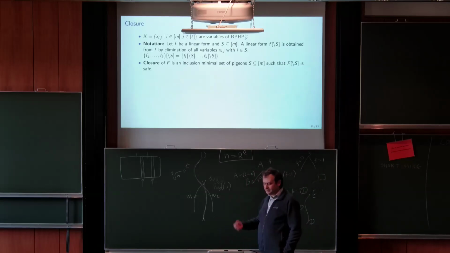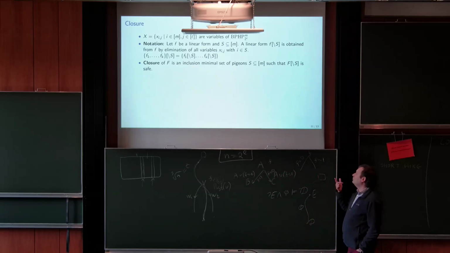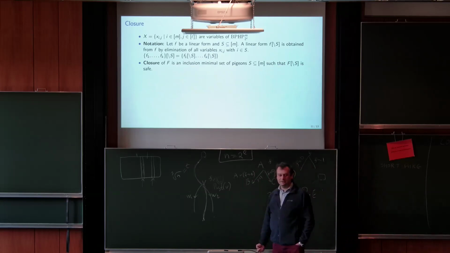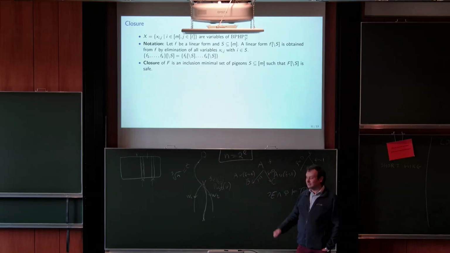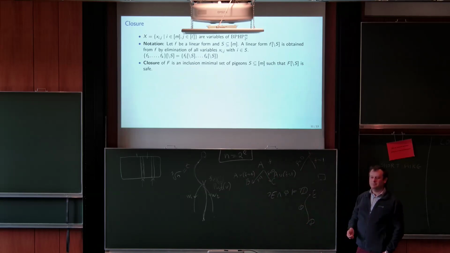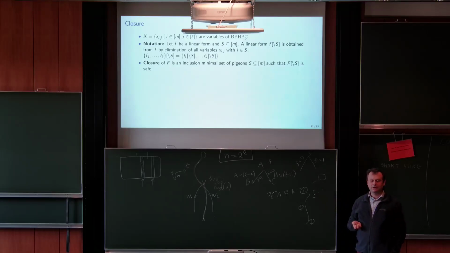And the next notion is how to find this magic set of pigeons A such that after it the matrix will be nice. First of all, we need a notation. Linear form minus S means that we delete variables from S from this linear form.